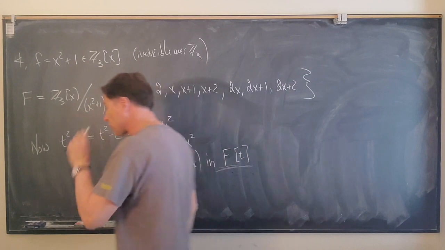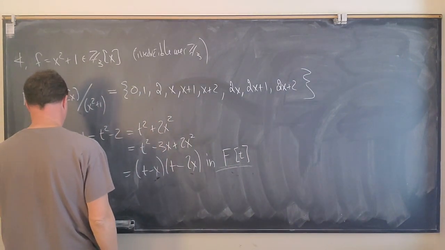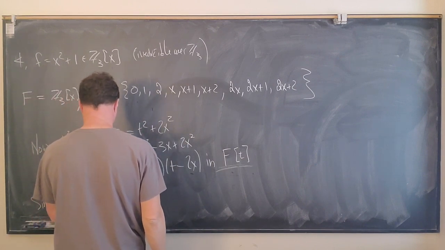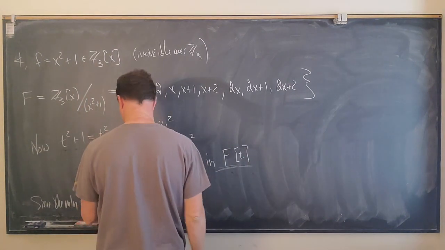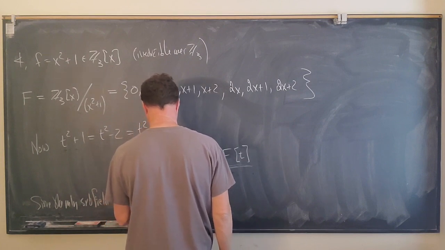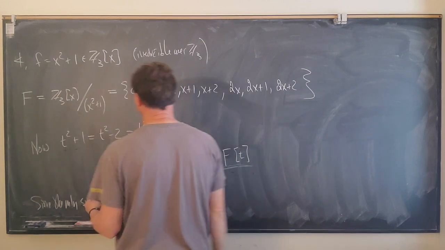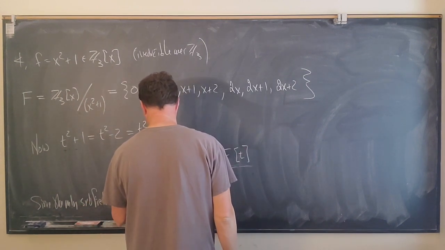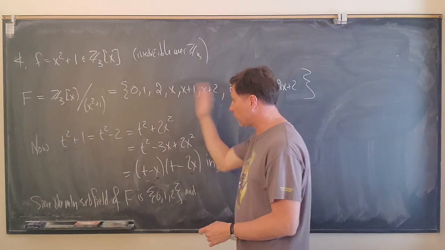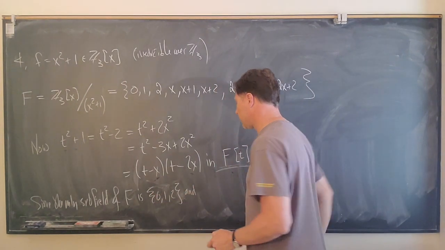And the answer is no, since the only subfield is 0, 1, and 2. You need to check that there's no other subfield, but it turns out the only subfield of F is 0, 1, and 2.